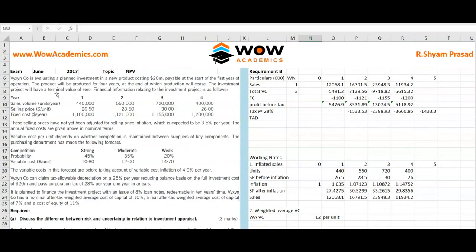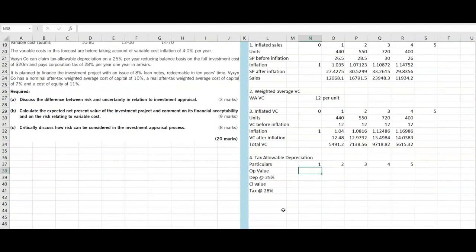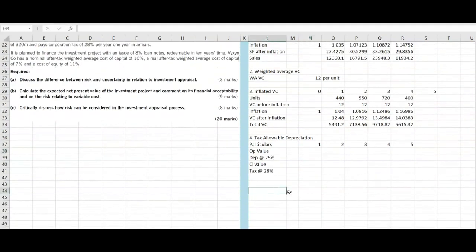The value of the asset is 20 million. So we are working the sum in terms of thousands. So we'll first find out what would be the value of the asset. So the value of the asset is 20 million, but we are working it in terms of thousands. So this will be the opening value of the asset.